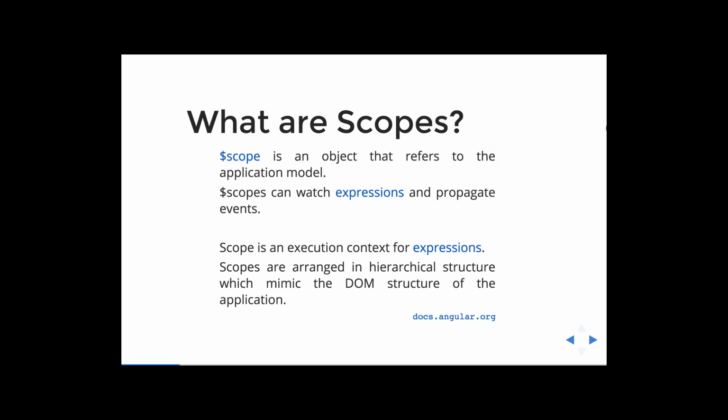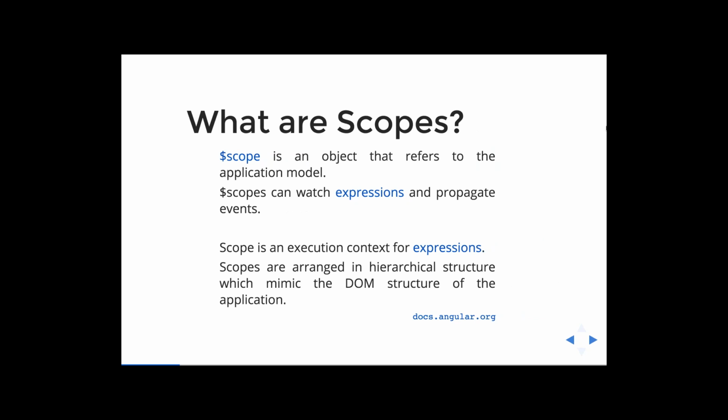Where are the scopes? Many people confuse scope with $scope. $scope is an object that refers to the application model. It's not the model itself. The scope is not the model. That's a very important thing. The scope is an execution context where our variables can be found.